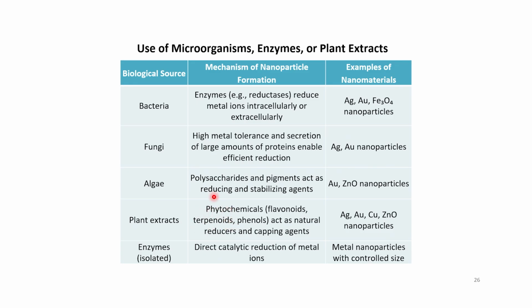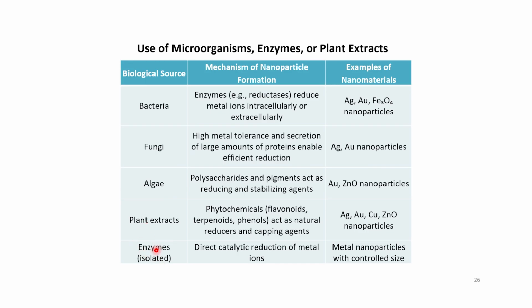Whatever organism you are using, microorganisms or plant extracts, you get your reducing agent and capping agent naturally from that solution. So you can synthesize silver nanoparticles, gold nanoparticles, copper nanoparticles or zinc oxide nanoparticles from plant extracts.